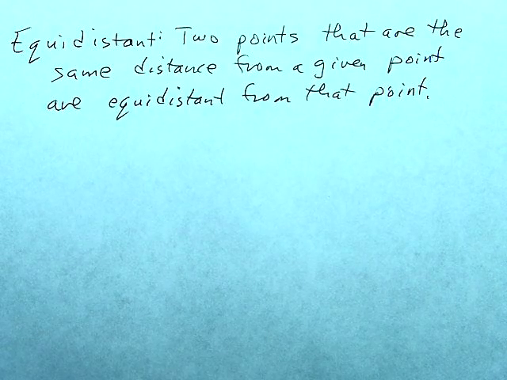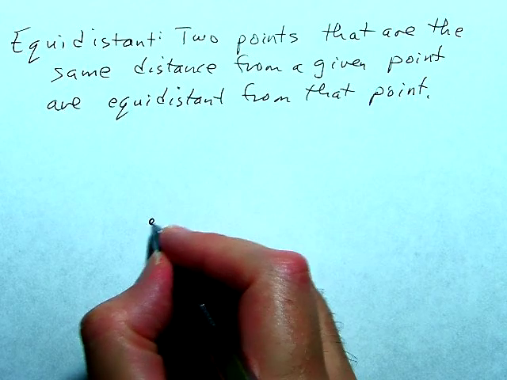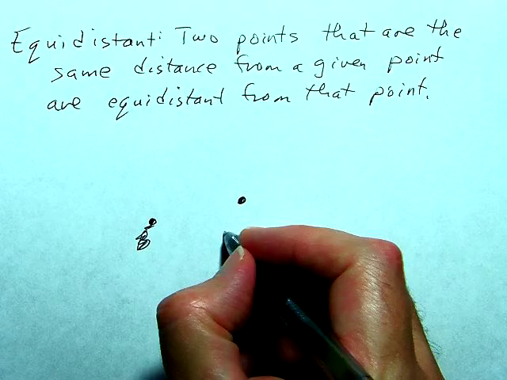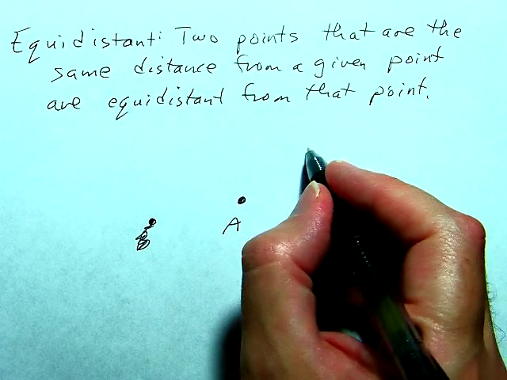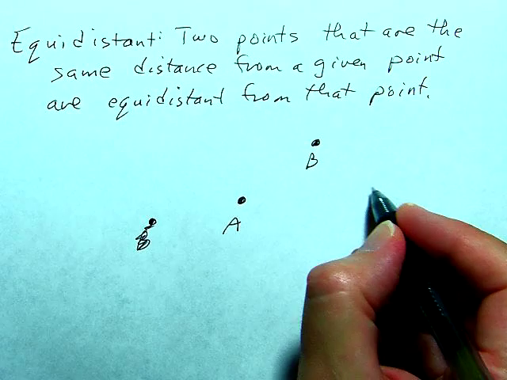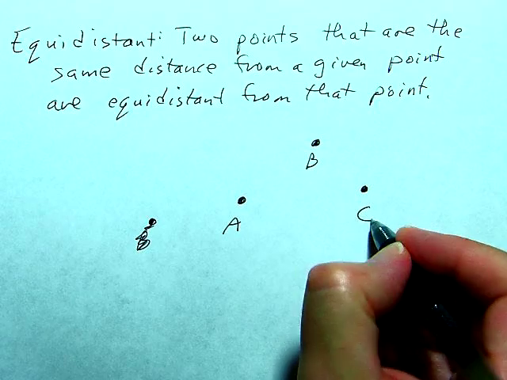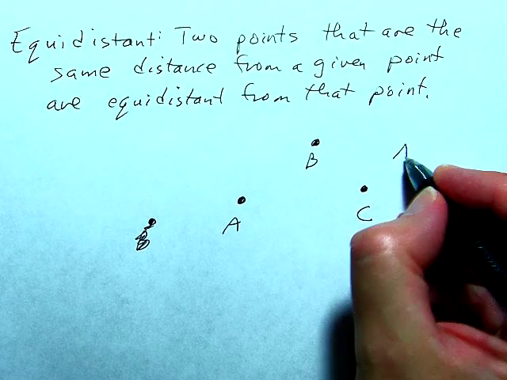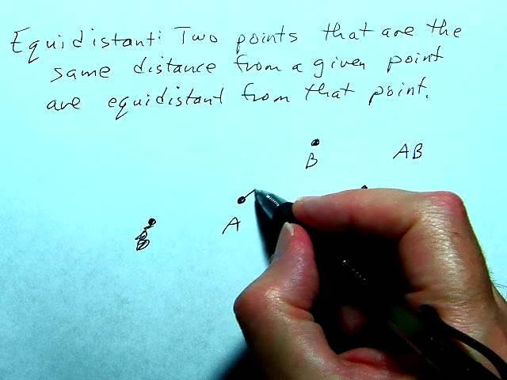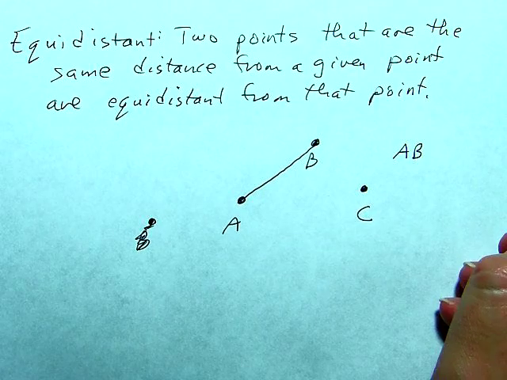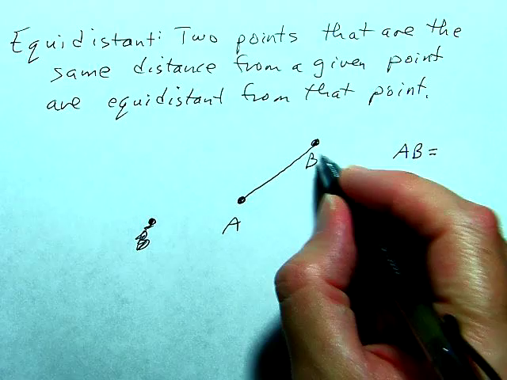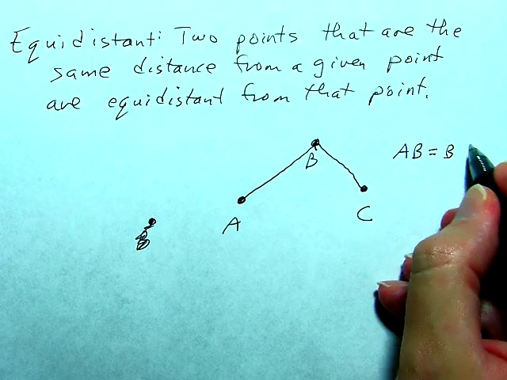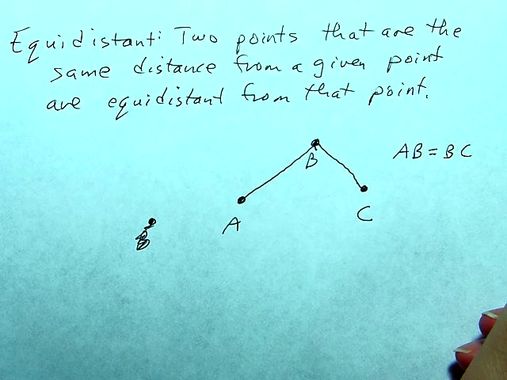So let's say we're given 3 points, A, B, and C. And let's say that the measure of AB, which is the distance from A to B along that segment there, is equal to the measure of BC, which is the distance along that segment there.